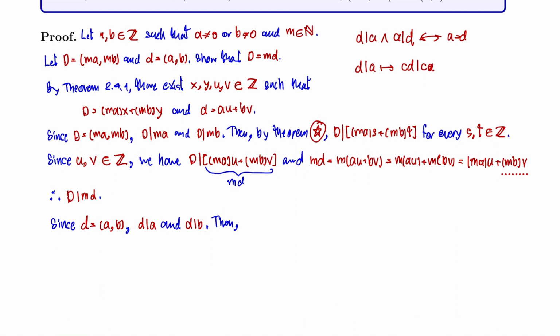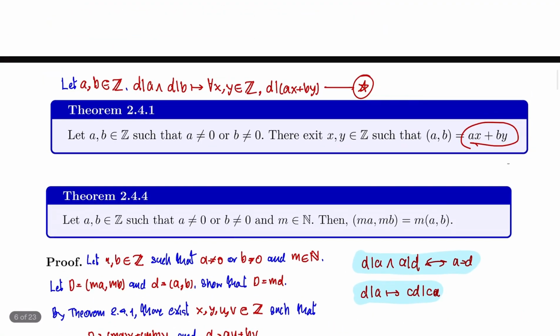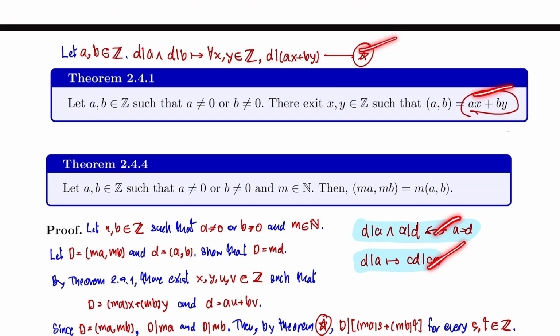So from this, you can multiply m on both sides. So we have md divides ma and md divides mb. So we need this theorem here and this small theorem here.